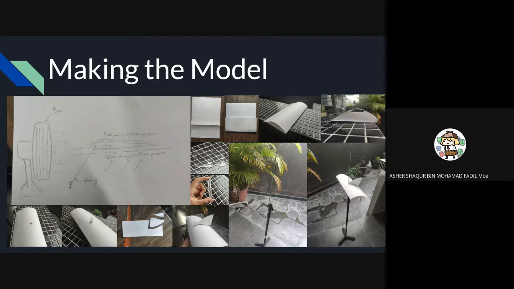After I got that shape, I was supposed to use a plastic straw, but I didn't have any straws, so I found a piece of plastic and made my own straw. I put a hole right in the center of it and put the straw through it. Then I put a back tail to keep it steady, and I used a tripod and a stick to put it on.